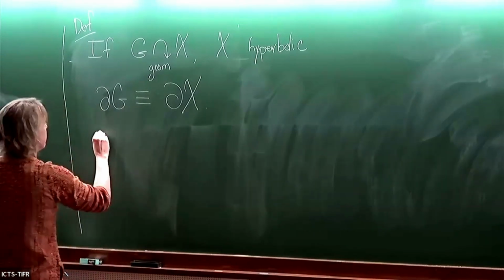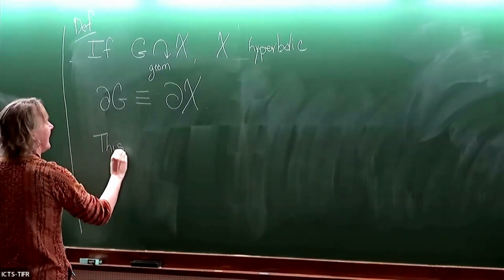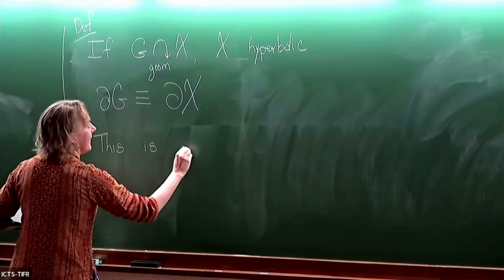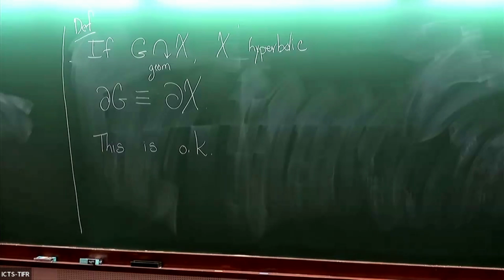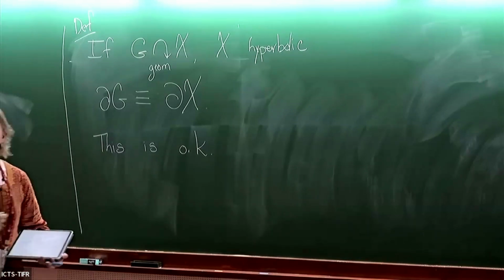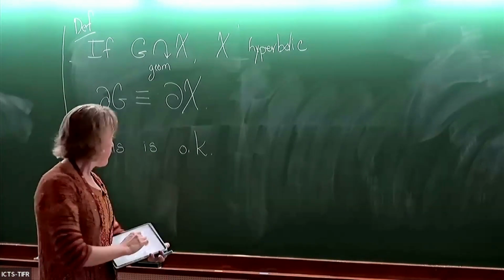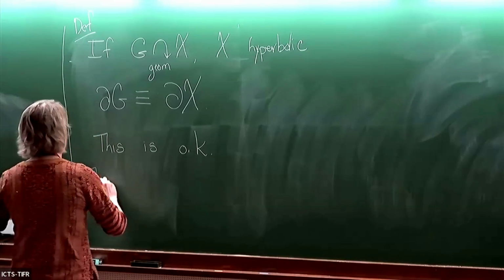So this is okay, and I'll explain why that's okay. If G acts geometrically on many different spaces, they're all going to have homeomorphic boundaries. So that's why this is okay. So this does not depend on S. Let me just say why.